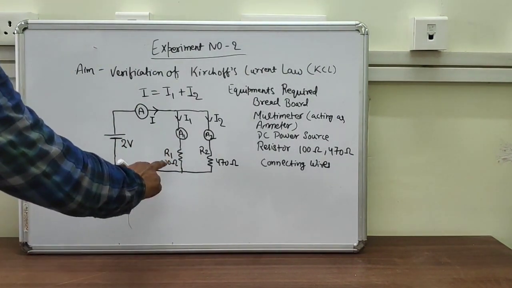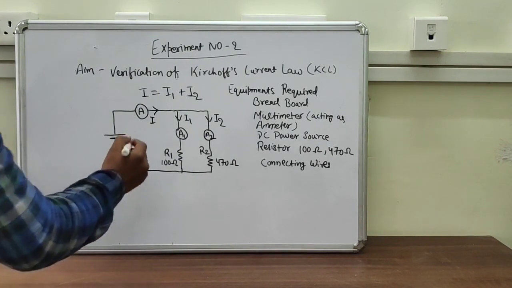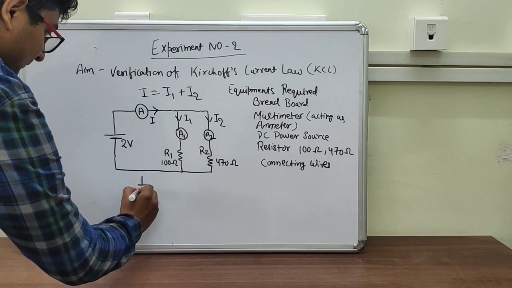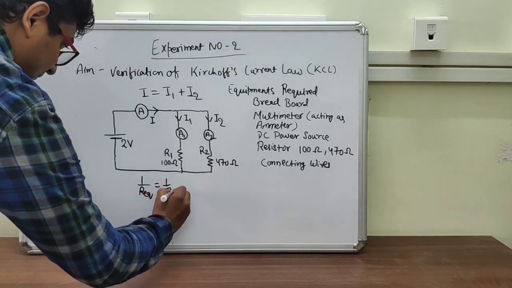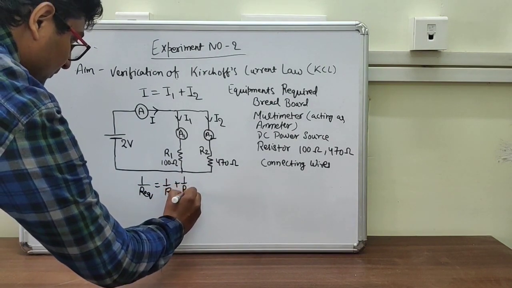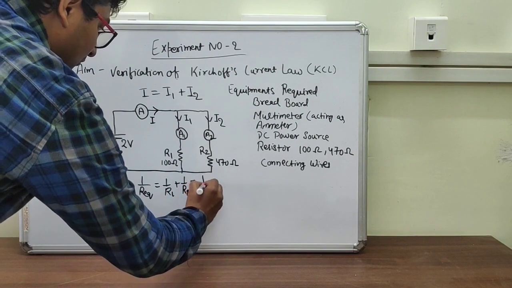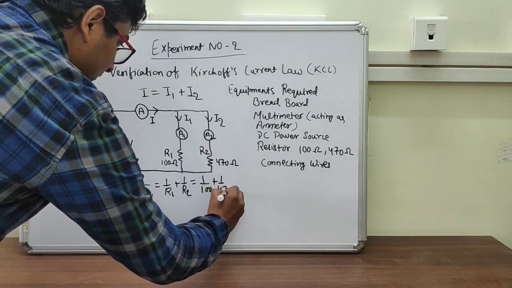Here you can check that R1 and R2 are connected in parallel. So by the formula, 1 by R equivalent is equal to 1 by R1 plus 1 by R2, that is 1 by 100 ohm plus 1 by 470.